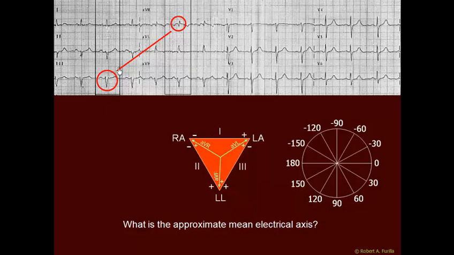All we have to do is notice that the downward deflection means it's pointing toward the negative electrode of lead 3. So it's moving in this direction toward the negative electrode, which is minus 60 degrees. Minus 60. And we saw this in the 3-lead discussion using a slightly different technique in which we didn't have the augmented electrode.